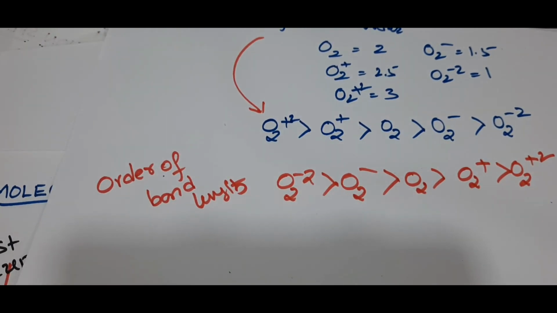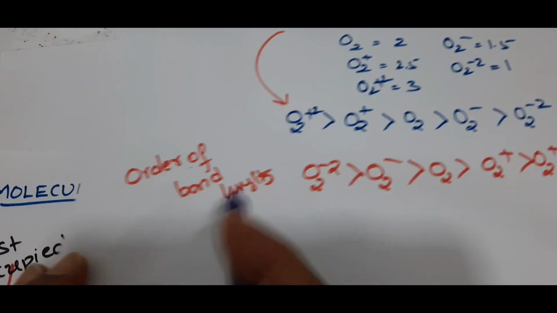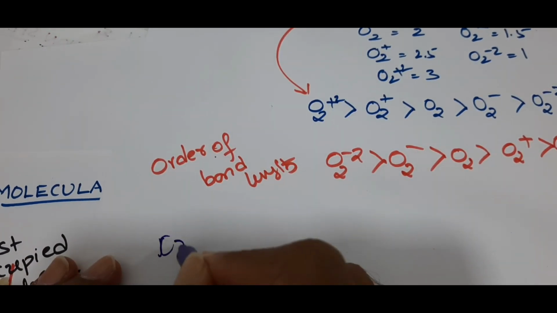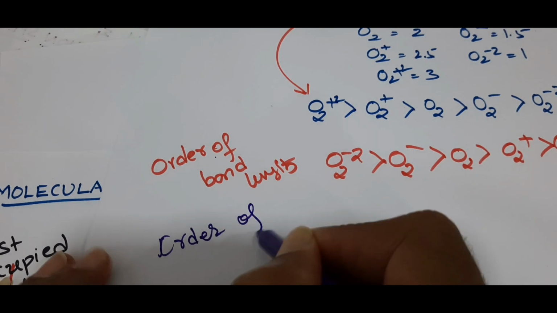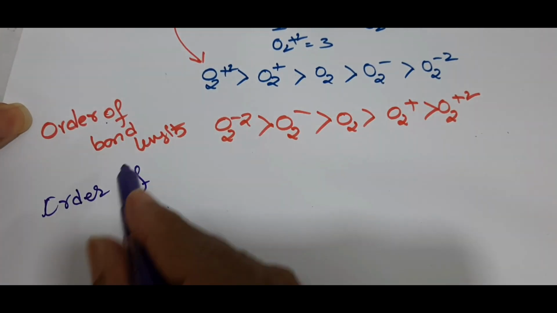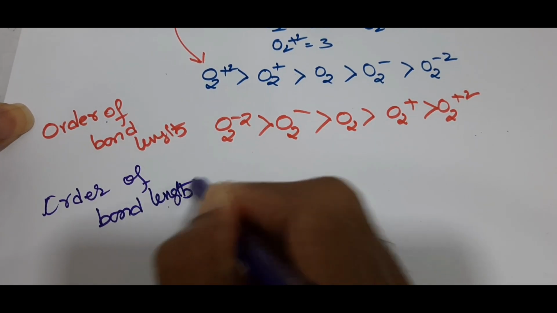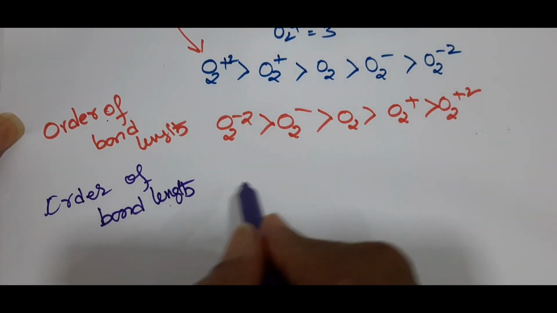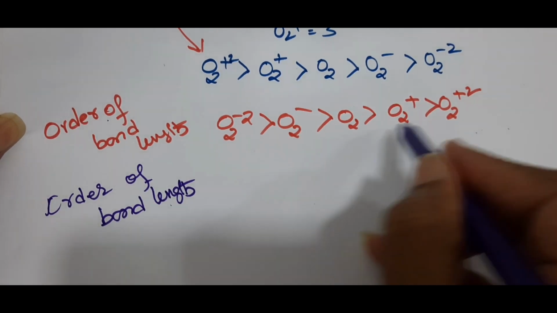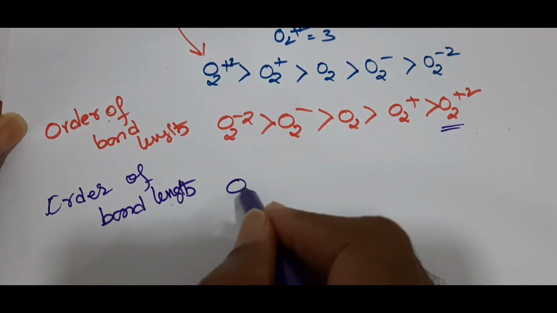If bond length is more, what about the bond energy? Order of bond energy. If length is more, it is easy to break, so bond energy will be less. So O2 plus 2 has the higher bond energy.